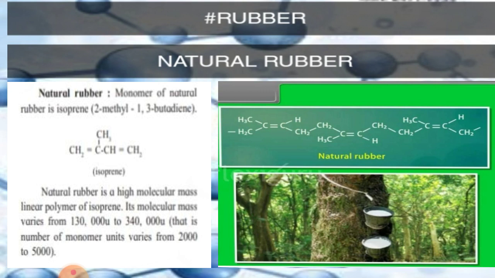Its molecular mass varies from 130,000 unified mass to 340,000 unified mass. That is, the number of monomer units required for the preparation of natural rubber varies from 2000 to 5000.